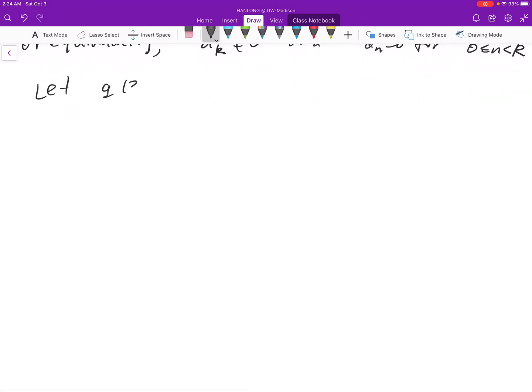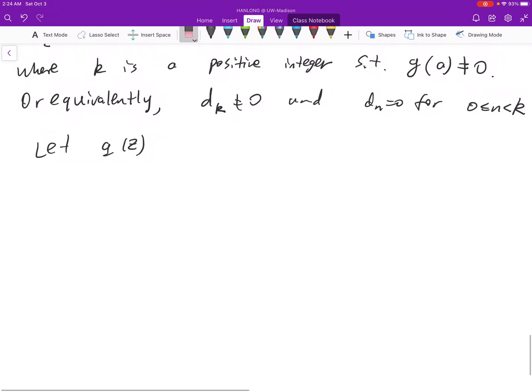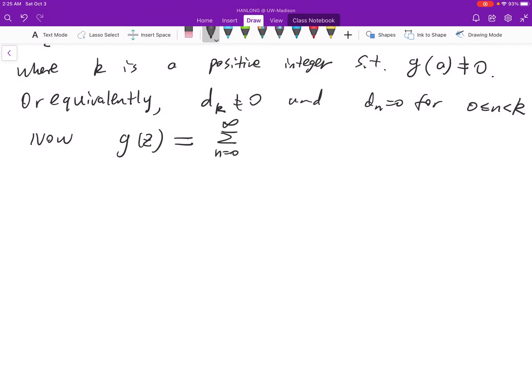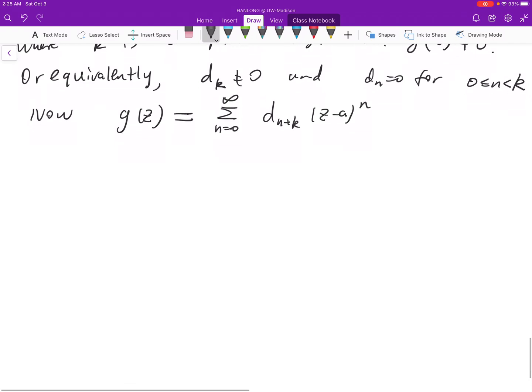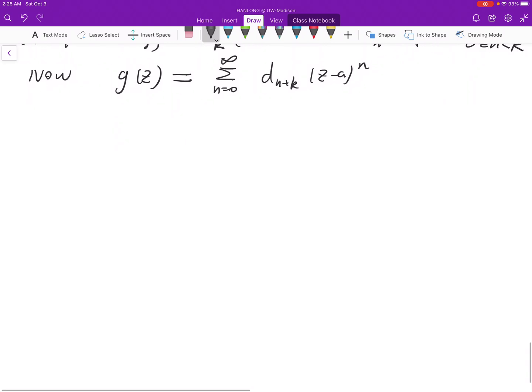Now from the definition we can compute g(z). g(z) is the summation over n from 0 to infinity of d(n plus k) times (z minus a) to the n's power, which is, of course, holomorphic on the whole disk |z minus a| less than r0.